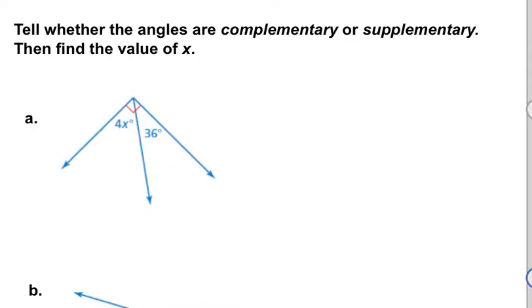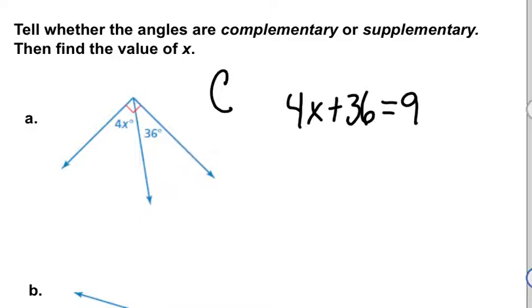Now, what if we have to tell whether the angles are complementary or supplementary, and then find the value? Well, what does that red square tell you? So I know what type of angle it is. They're complementary, so I know they're C. And then I have to solve and find out the value of x. So 4x plus 36 has to be equal to 90.